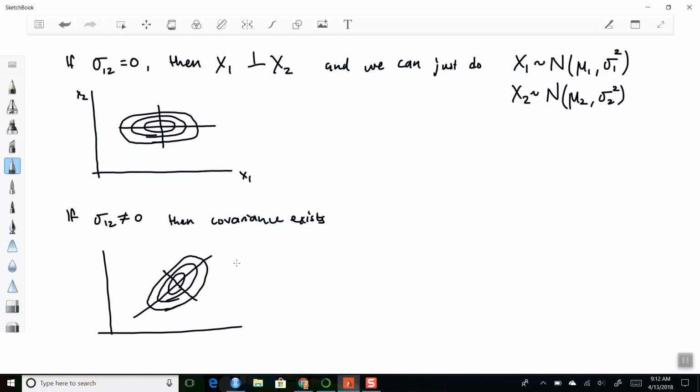Here sigma 1,2 would be greater than 0. Okay, and so the question is, if we're able to get x1 and x2 normal, can we somehow get something with covariance, right?